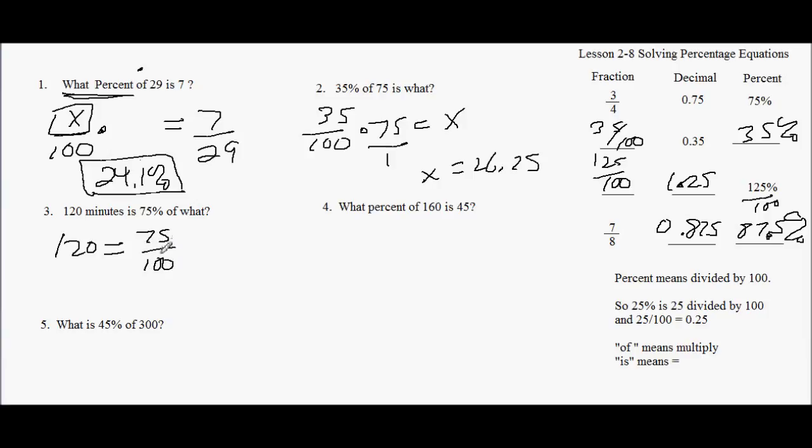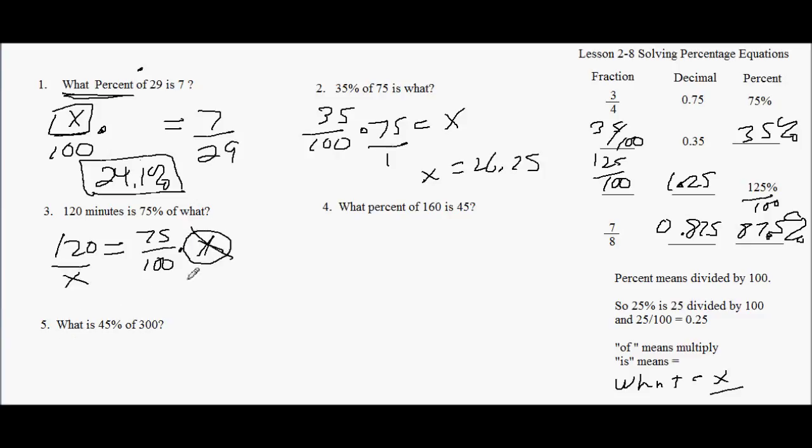Okay, 120 minutes is 75%, 75 over 100 of what? What is x, right? I should have put down what means is equal to x, or whatever I'm looking for. I should write that like an x. Okay, so I'm going to take this x here and divide both sides by x.